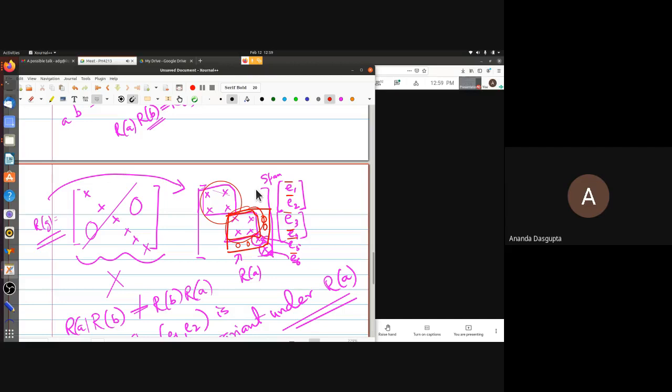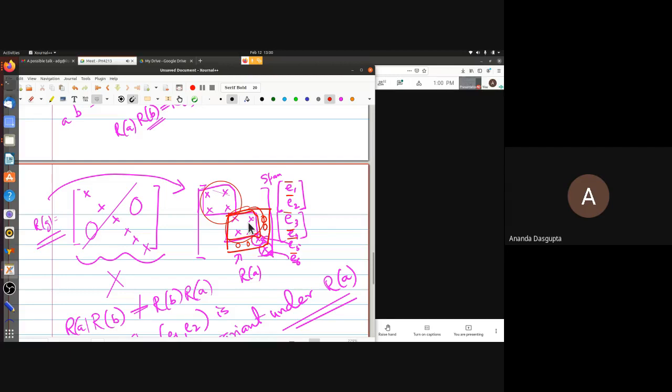If instead of using E3 bar, E4 bar, E5 bar as they stand, you had used some combination of E3 bar with E5 bar as your basis, then this matrix would not look block diagonalized. It will have non-zero elements here as well. But I can always choose my basis in such a way that E3 bar, E4 bar only mix among themselves, and E5 bar only mixes with itself.